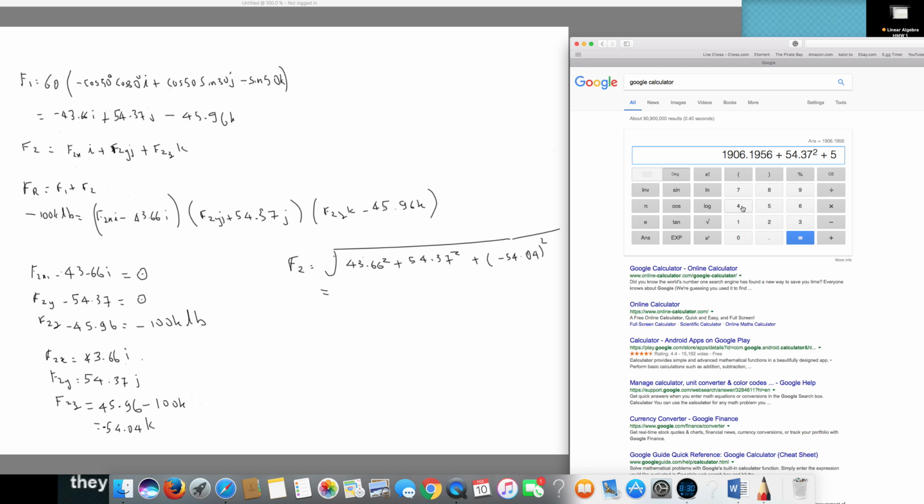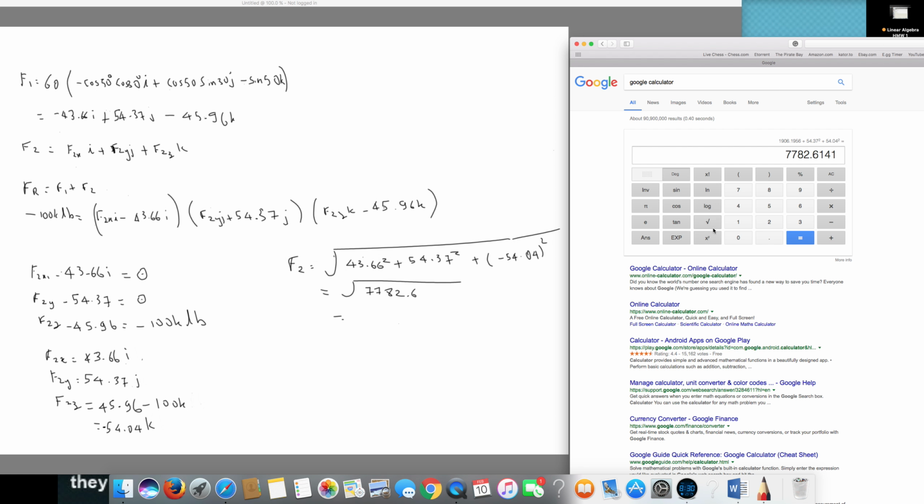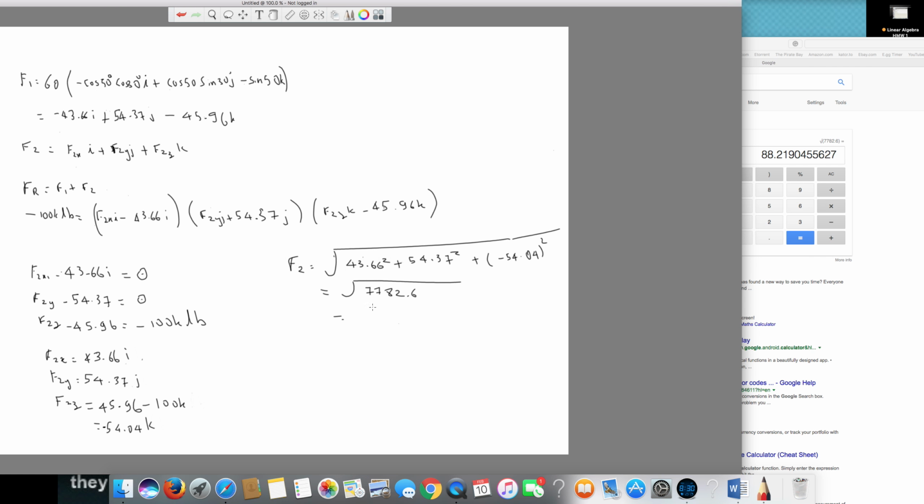So it's going to be the square root of 7782.6, and if I take the square root of this one, I will get the answer 88.21. So this is the force of F2, the magnitude of F2.